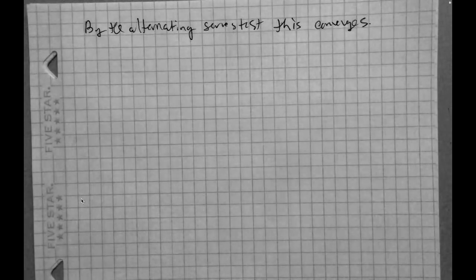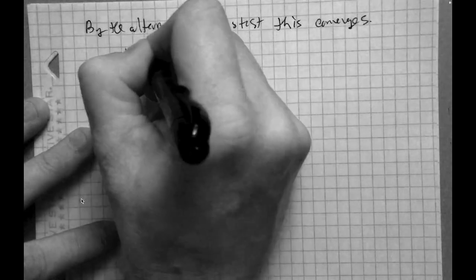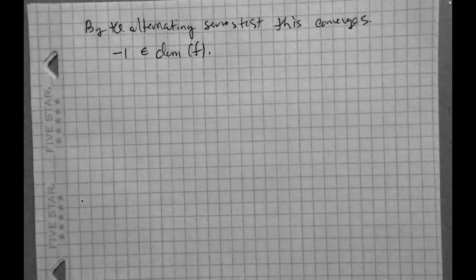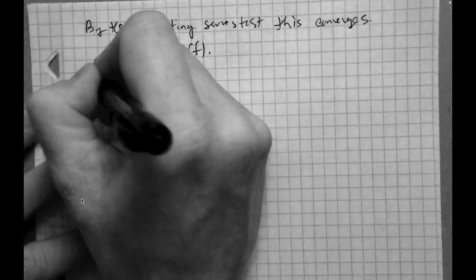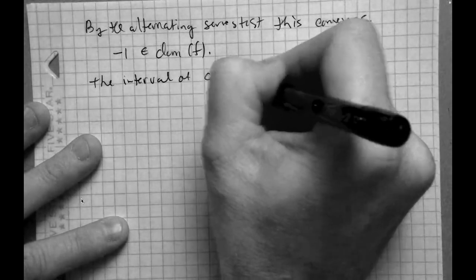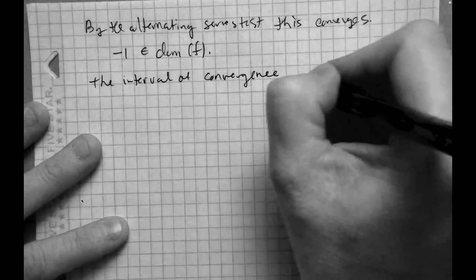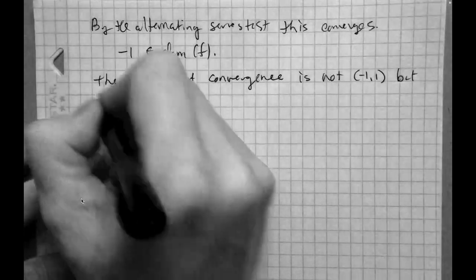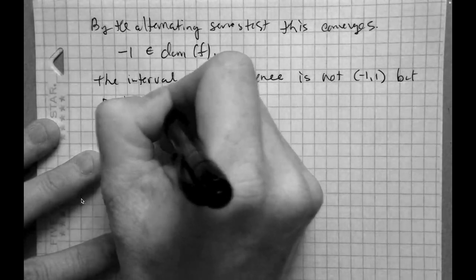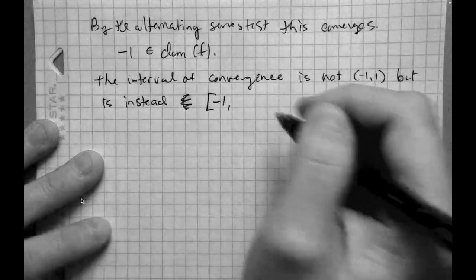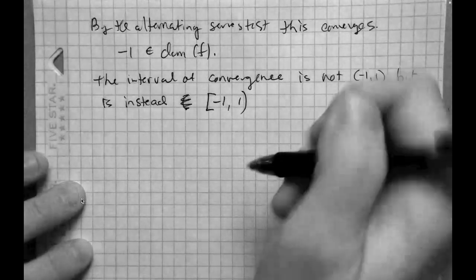Right? And so that means -1 is in the domain of f. And so the interval of convergence is not -1 to 1, but is instead -1 inclusive up to +1 exclusive.